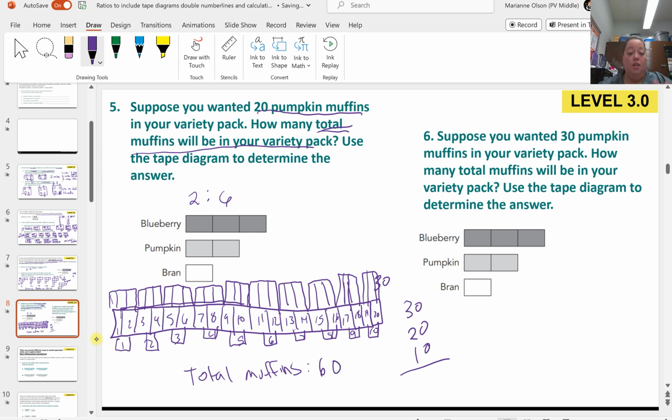You also might notice, hey, if I need to get from 20 to something here, let's call it M for muffins, well, 2 times 10 is 20, so I would do the same with 6 times 10, which gives me 60, which is what we proved with the tape diagram. So you can also do it mathematically.